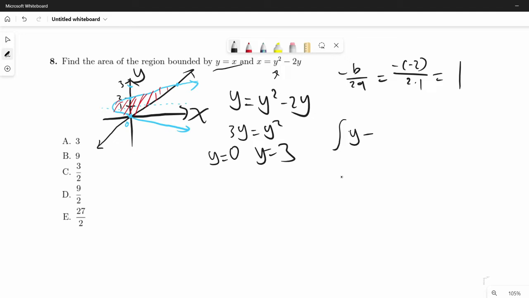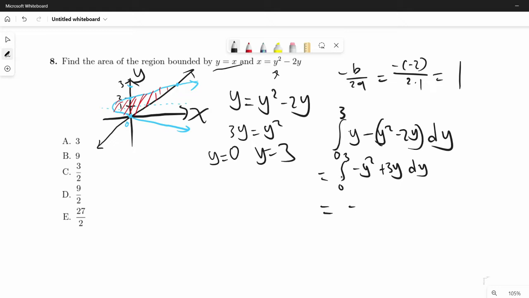Y minus y squared minus 2y, dy. And here, again, the limits of the integration will be 0 to 3. Simplify a little. Plus 3y dy.